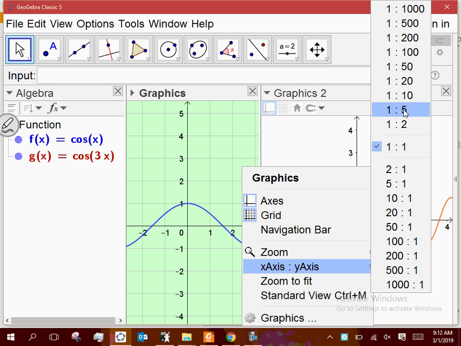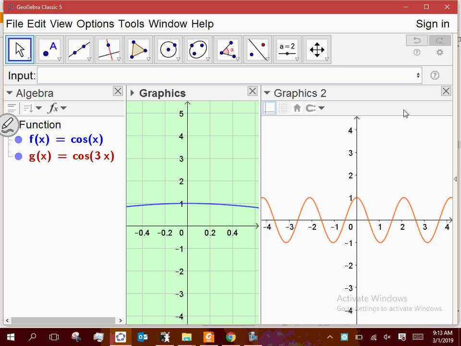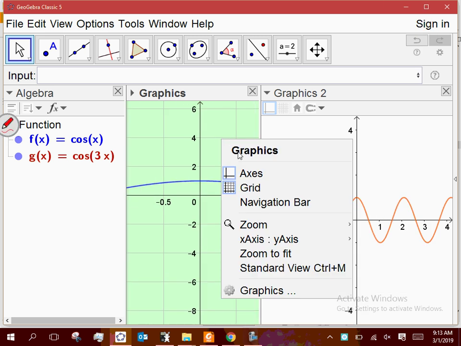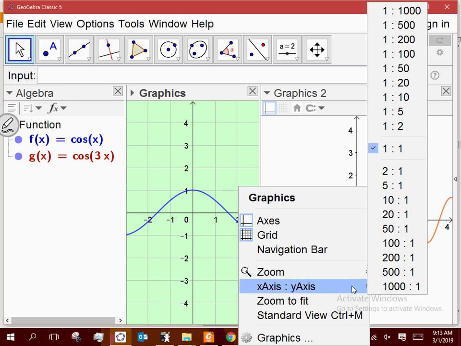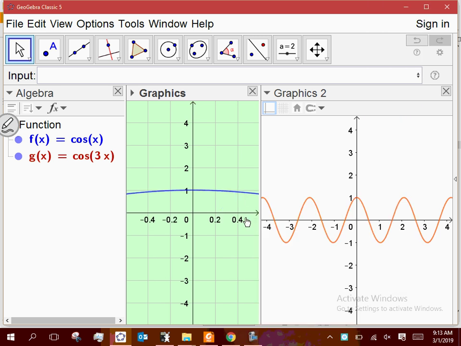Say again? Easier to make a compression something that you're also changing your axis. Yes, yes. And that's actually what we're going to do here eventually.